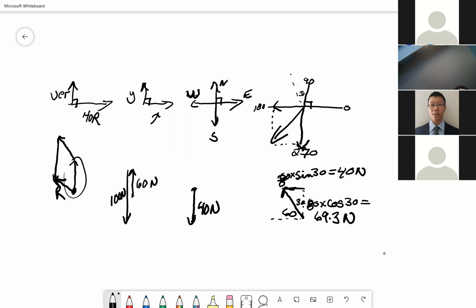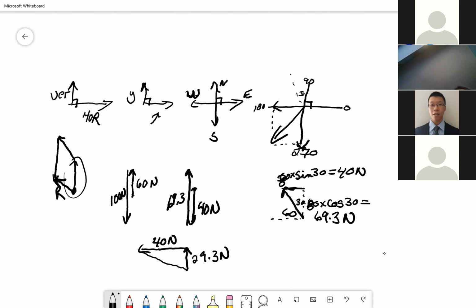So it's going to be 40 newtons, and then we go back up again. 69.3, which means in this direction I'm going to have 29.3 newtons. And the only thing in the other direction, 90 degrees to it, is going to be 40 newtons.